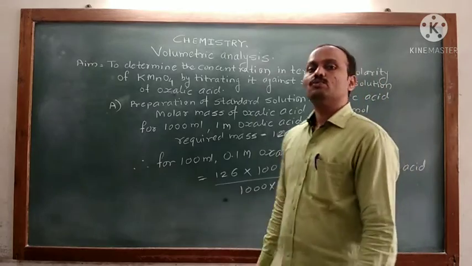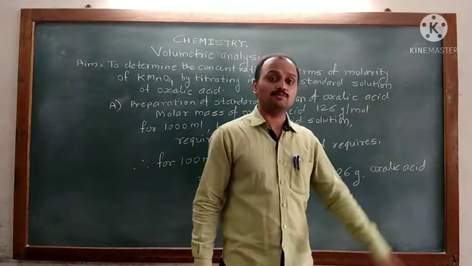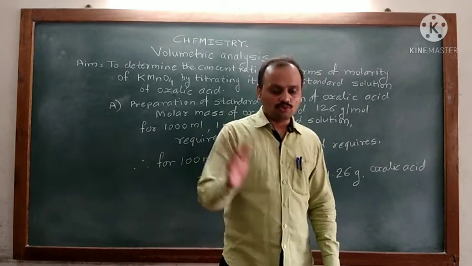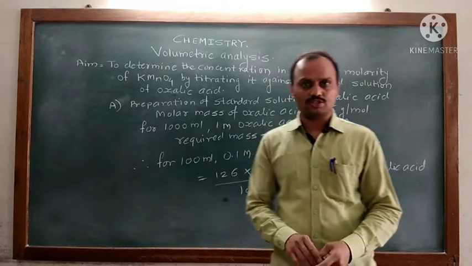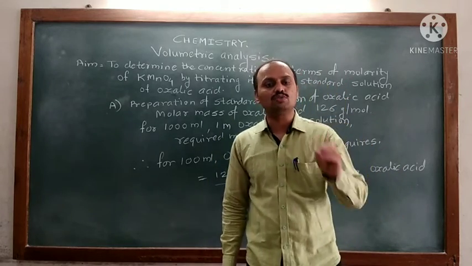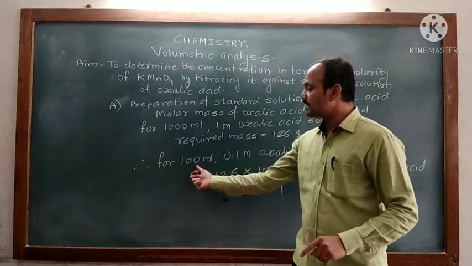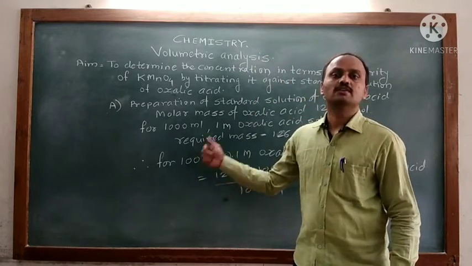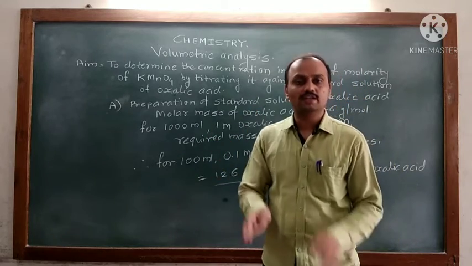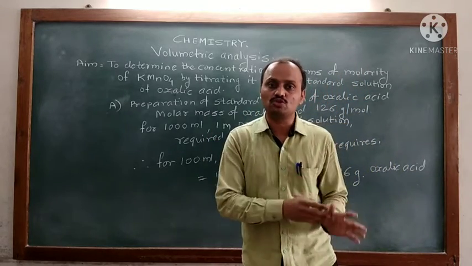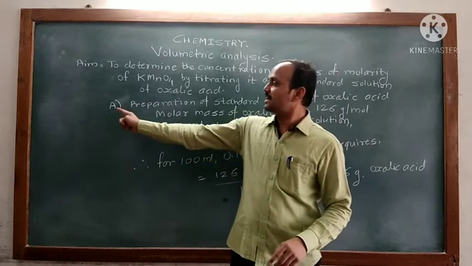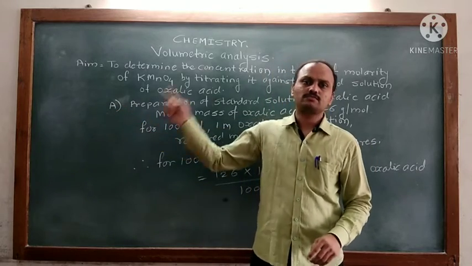Remember, when we take 1.26 grams of oxalic acid, we then have to dissolve it to prepare 100 ml of solution. That preparation of solution is part A of the experiment.